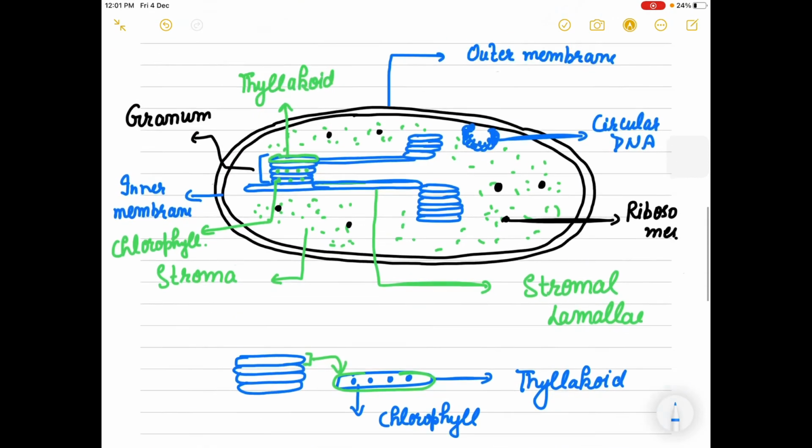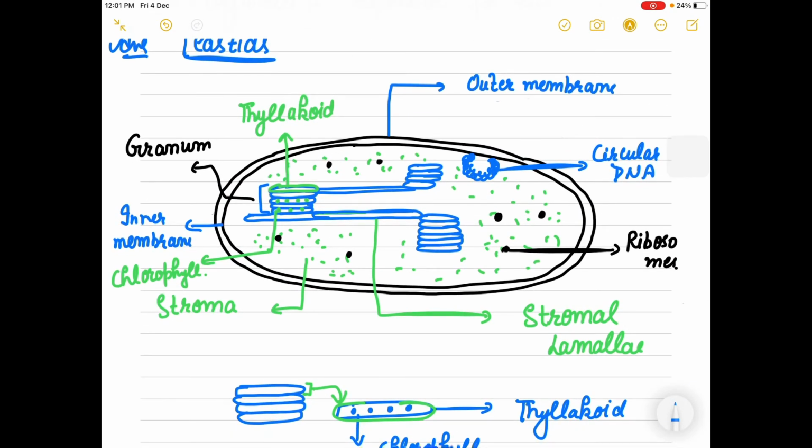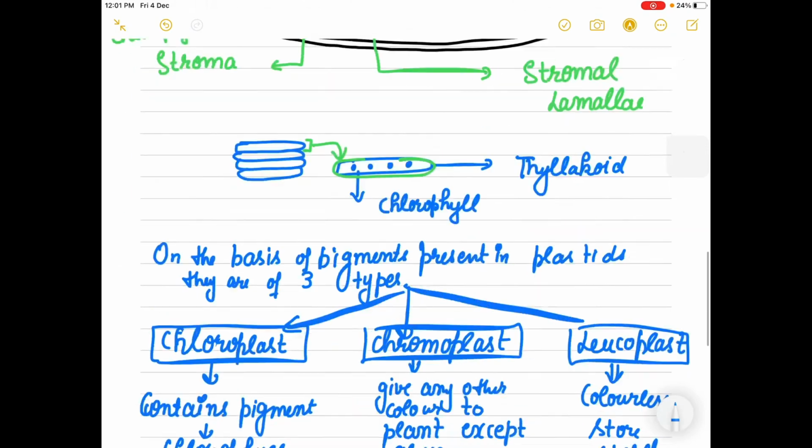So these three types you have to write down with the diagram of the chloroplast.